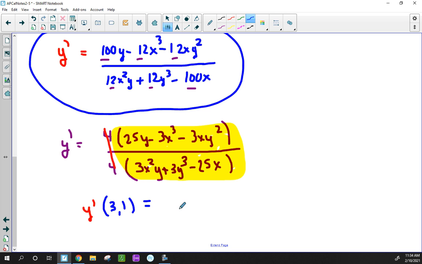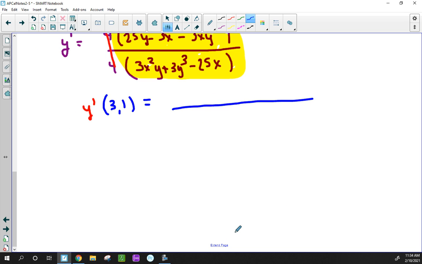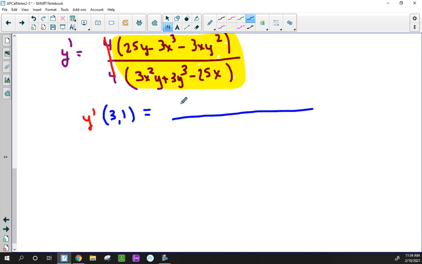So you'll go back up here and substitute. So 25 times 1 minus 3 times 3 cubed minus 3 times the x value of 3, y value of 1, 1 being squared.